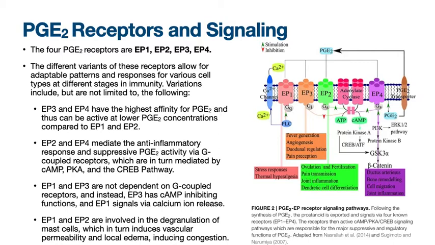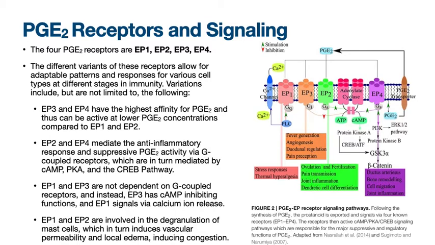EP2 and EP4 will mediate the anti-inflammatory response and suppressive PGE2 activity via G-coupled receptors, which are in turn mediated by cAMP, PKA, and the Krebs pathway, as you probably all remember from what we've learned in Biochem 1 and Biochem 2. Then EP1 and EP3 are not dependent on the G-coupled receptors. Instead, EP3 has a cyclic AMP inhibiting function, and EP1 signals via calcium ion release.